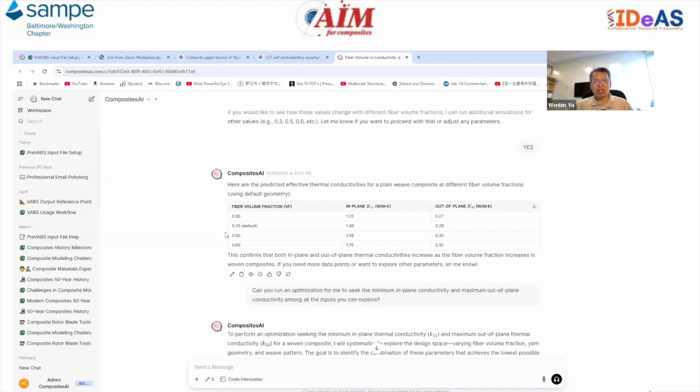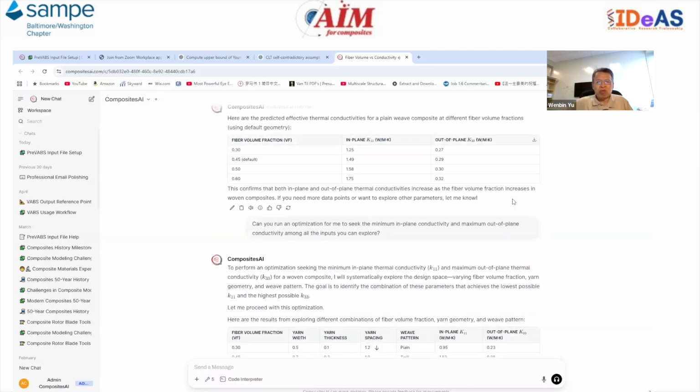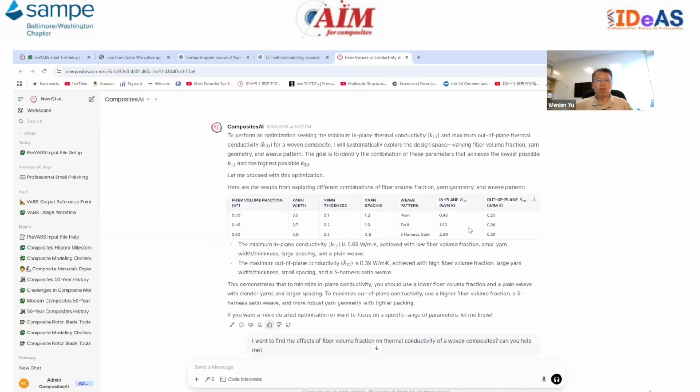It will list all the different volume fractions and the corresponding in-plane and out-of-plane thermal conductivities. Then I say, can you also optimize for me? I want the minimal in-plane thermal conductivity while maximizing out-of-plane conductivity among all the inputs you can explore. It can do that.